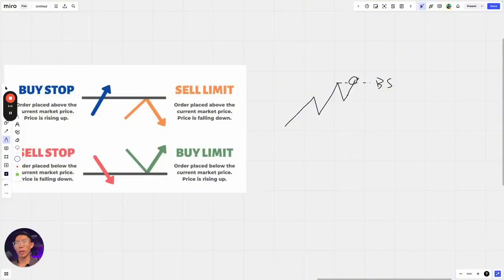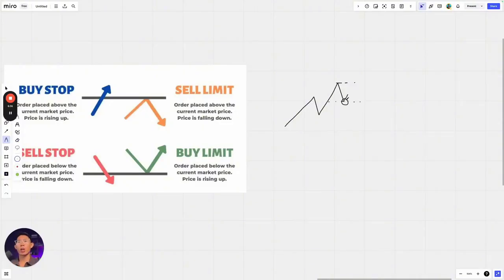But in this case, what if we don't want to trade the breakout of this high? We want to trade the pullback. So I want to wait for price to pull back to somewhere around here, and then that is when I will enter a buy position.